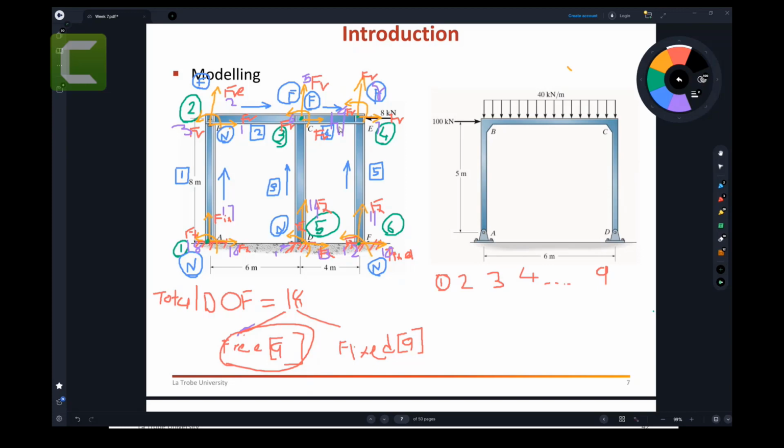Once you finish the free degrees of freedom, then you go to the fixed degrees of freedom. The remaining are 10, 11, 12, 13, 14, and so on.